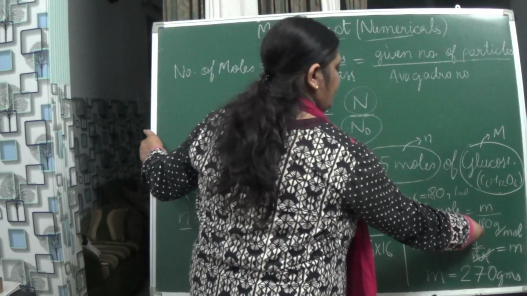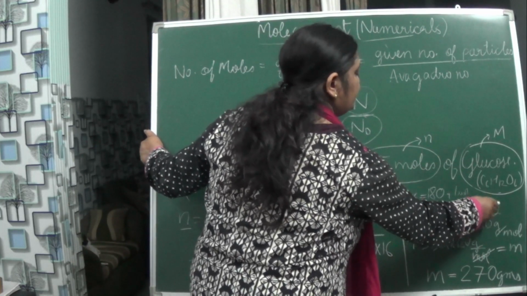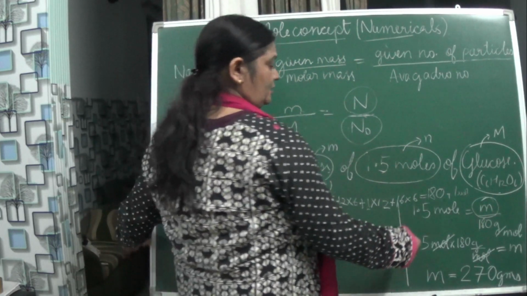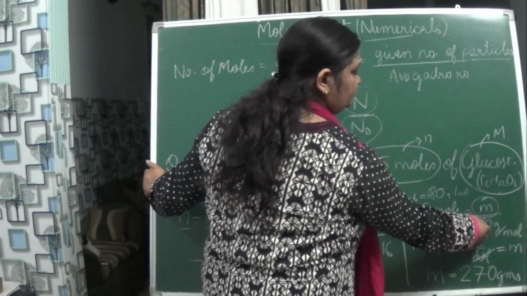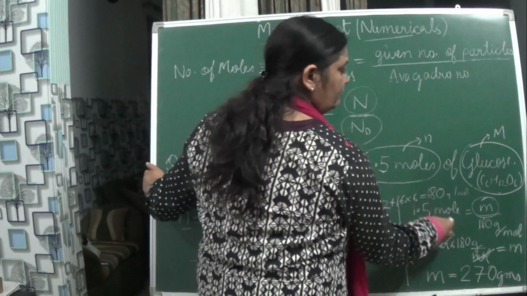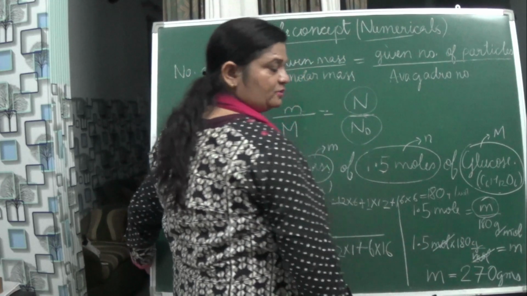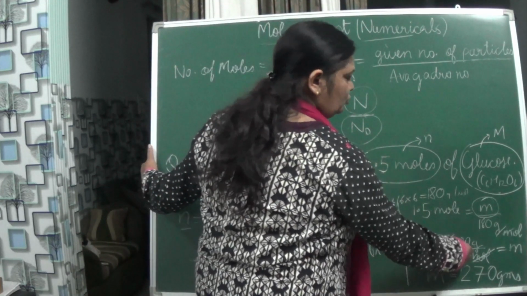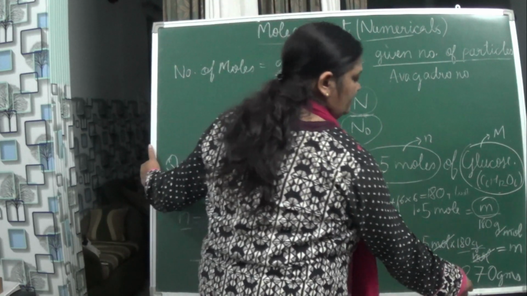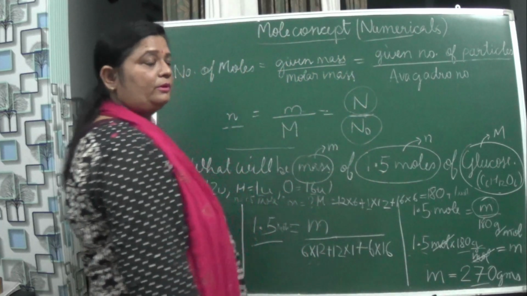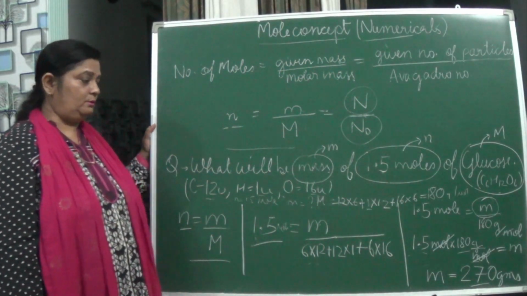Naturally, we have to take out the given mass. So 1.5 into 180, mole will be cancelled, only grams will be left. 1.5 into 180 grams gives 270 grams. This is how you will be doing the numericals.